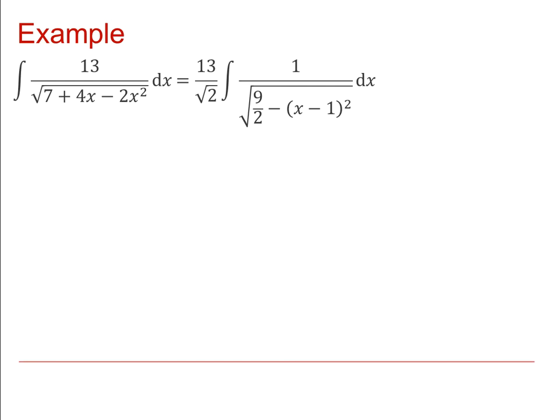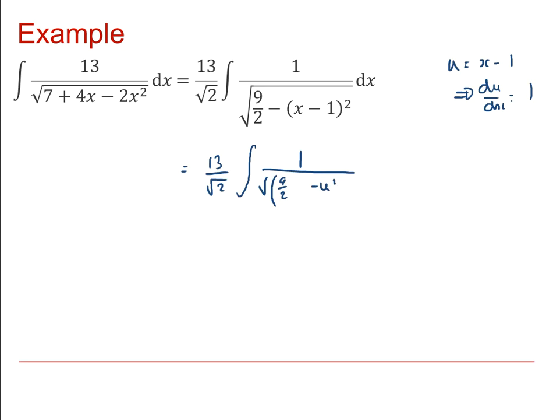Well, one way to evaluate this would be to use a substitution. Let's say u is equal to x minus 1, and therefore du by dx is equal to 1, so that this becomes the integral of 13 over root 2, and then we've got the integral of 1 over square root of 9 over 2 minus u squared du.